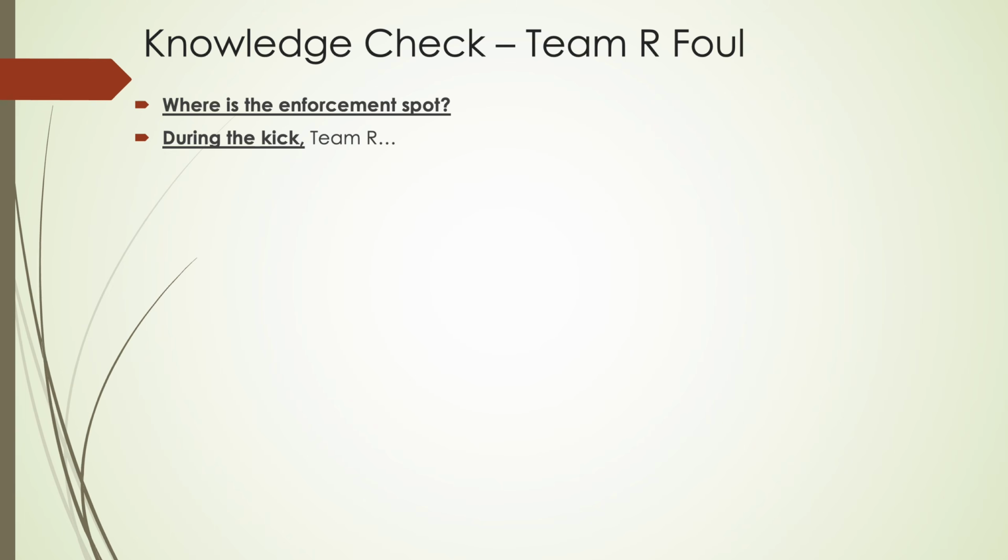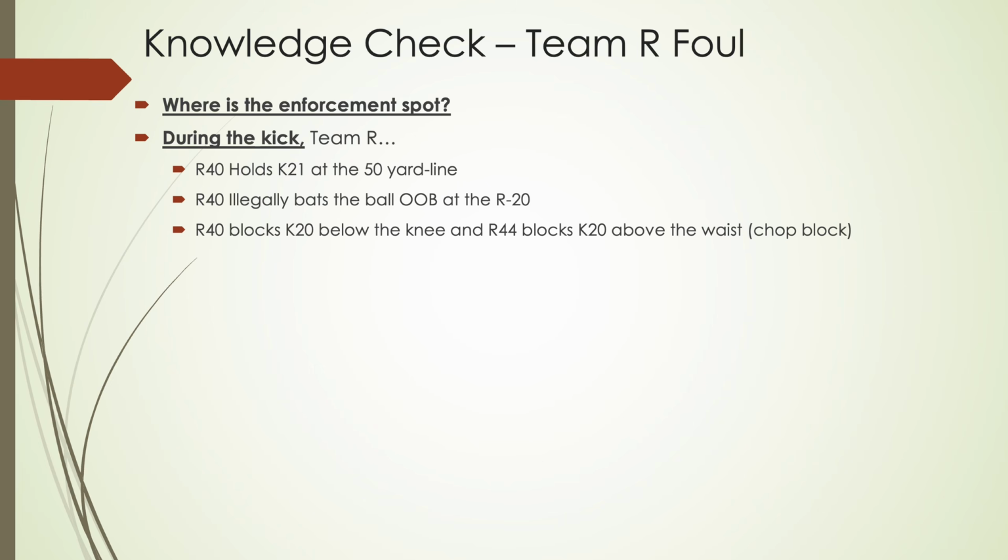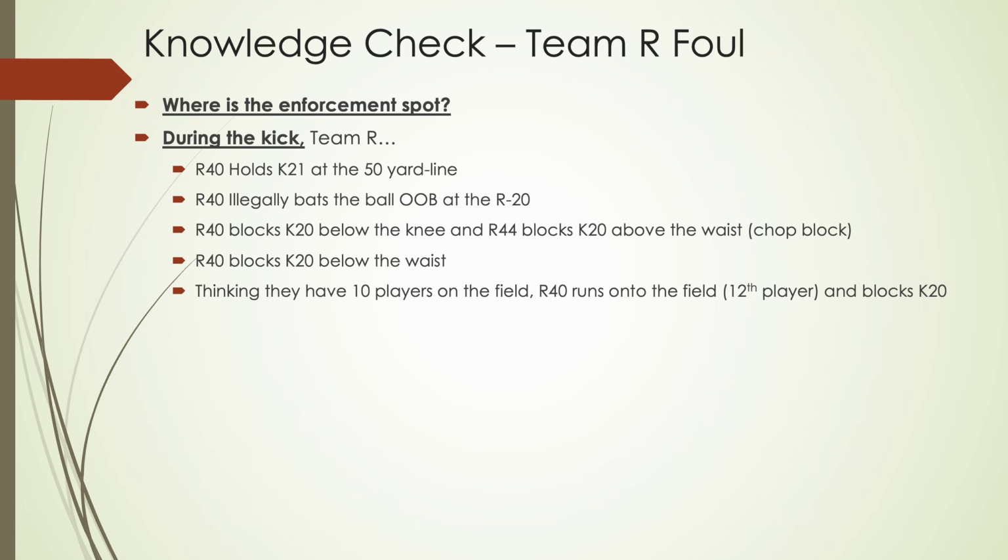If a Team R fouls during the kick, R40 holds K21 at the 50-yard line. R40 illegally bats the ball out of bounds at the R20. R40 blocks K20 below the knee, and R44 blocks K20 above the waist. We have a chop block. R40 blocks K20 below the waist, thinking they have 10 players on the field.